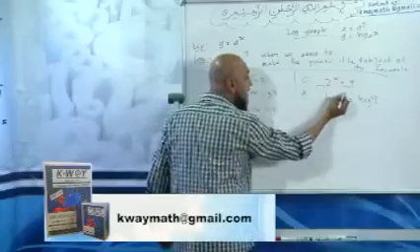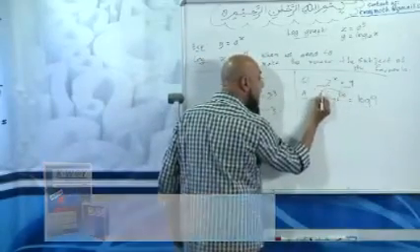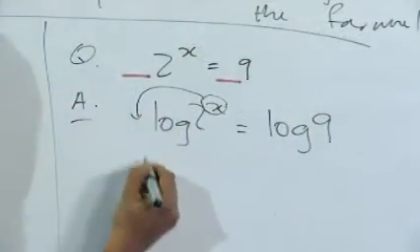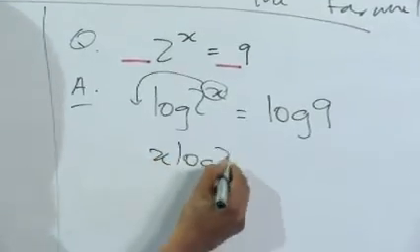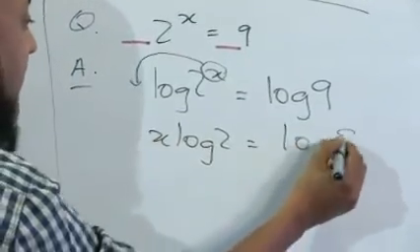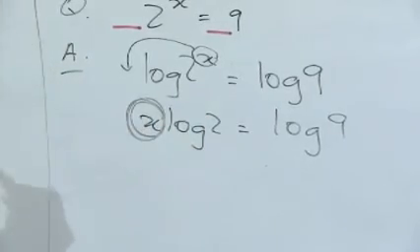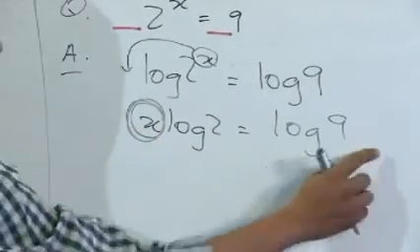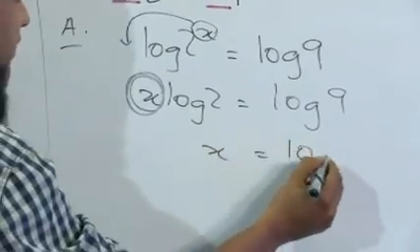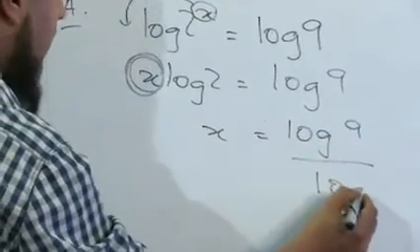So the power now becomes the base, and this power shifts in front of the log. So in your next step you have x log 2 is equal to log 9. Now it's a normal equation. Remember the question said solve for x, so divide by log 2: x is equal to log 9 over log 2.